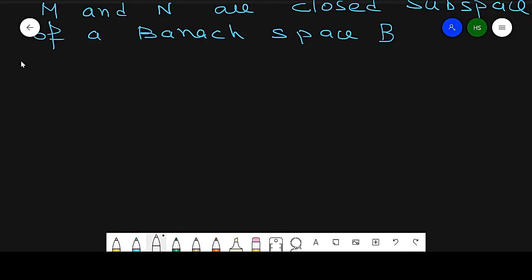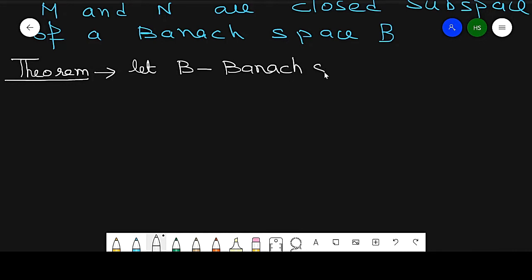Now the second theorem is again very important. What is the statement of the second theorem? Let B be a Banach space. So that is the first given part.